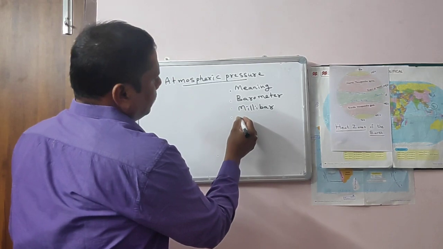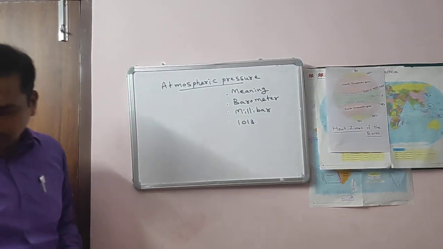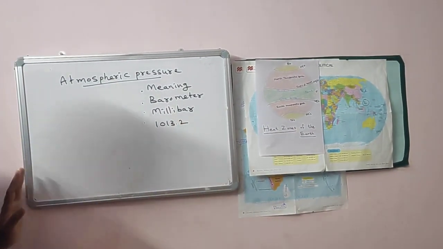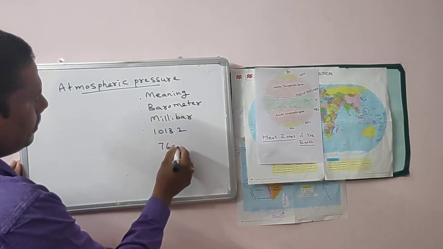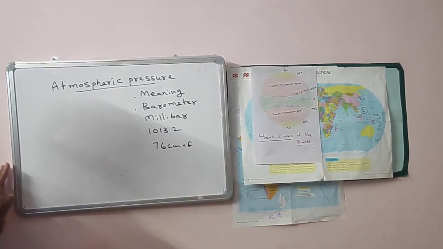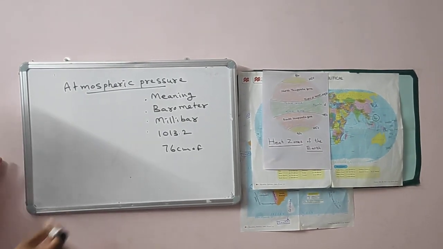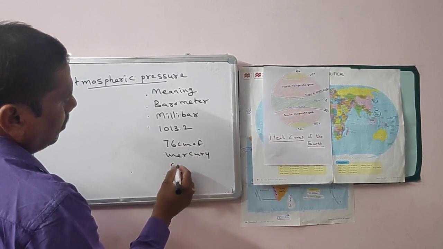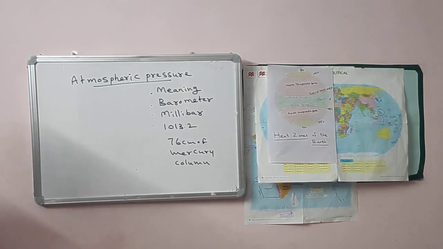and where it is high, that is 1013.2 millibar, which is equal to 76 centimeter of the mercury column in the mercury barometer.